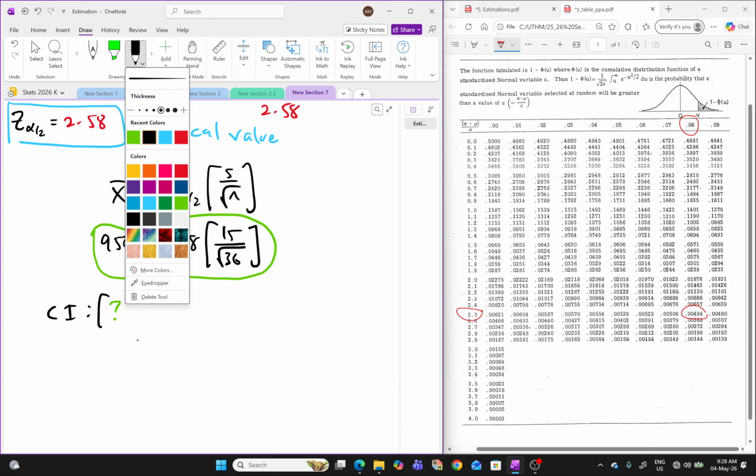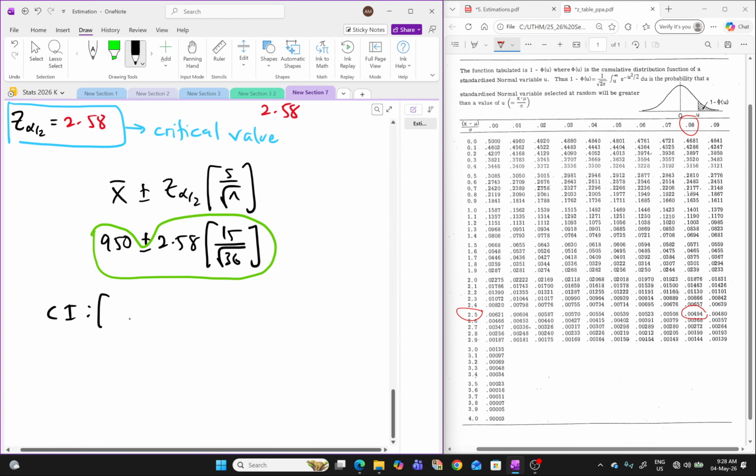This one can give 2 decimal place. In the test or exam, final exam, semua jawapan bagi dalam 2 tempat perpuluhan, 2 decimal place.